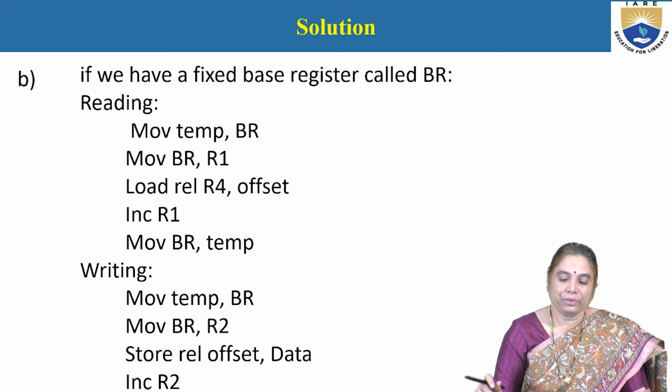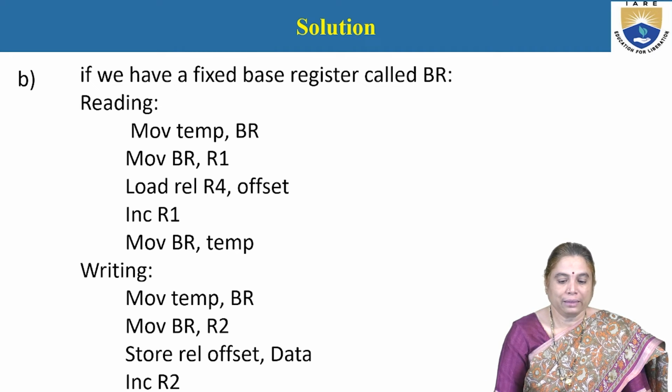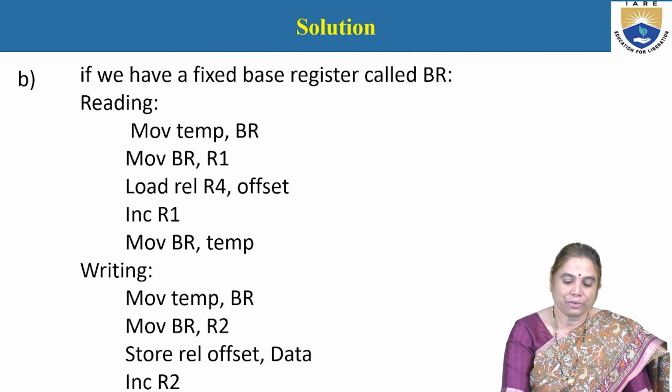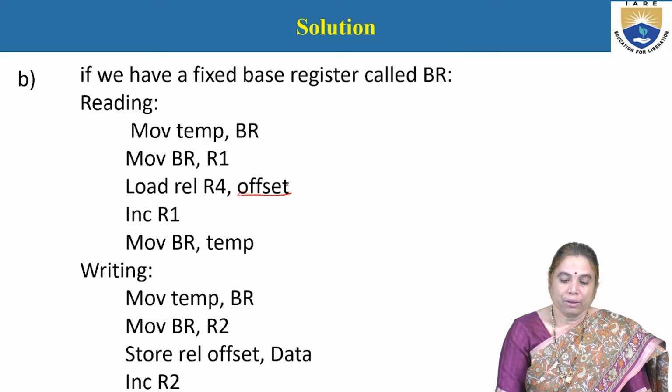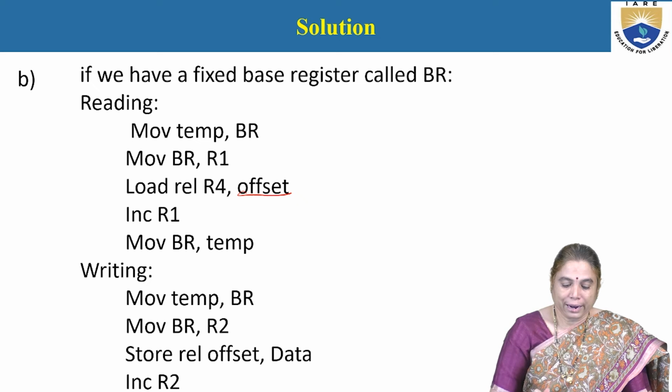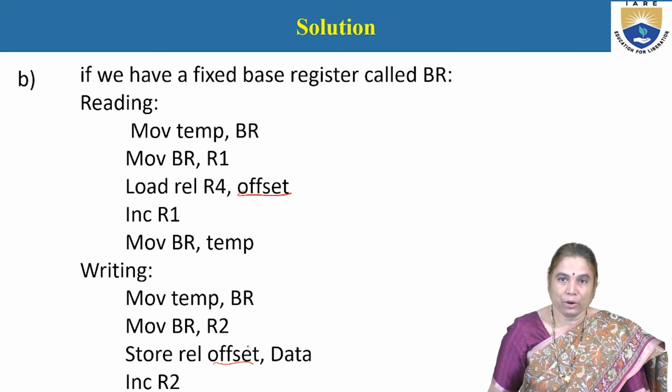If you have a fixed base register, then the branch location can be used as an index or offset to store the temporary branching location. During writing, this offset can be used to point to the specific memory location.